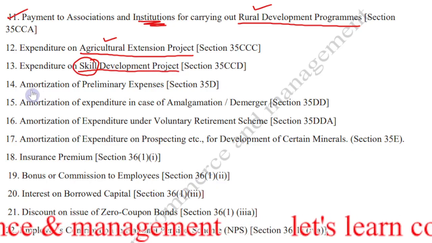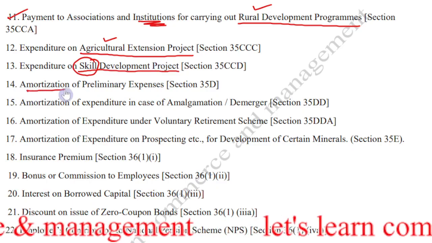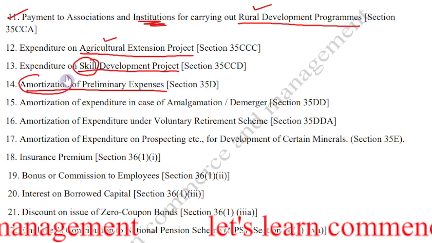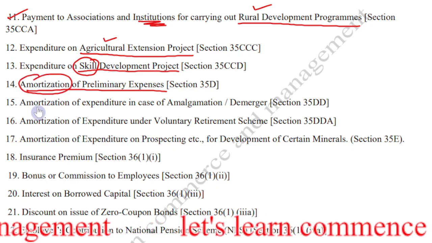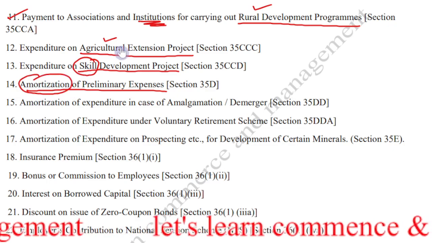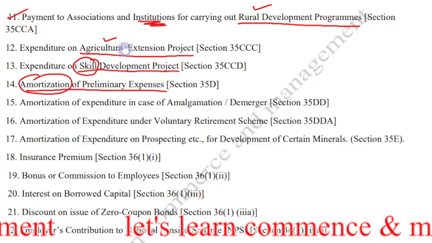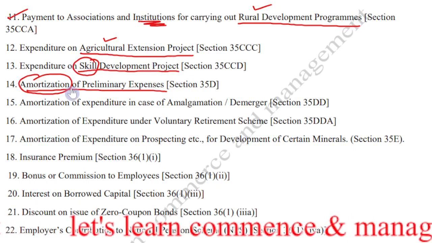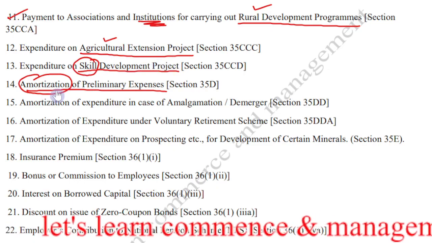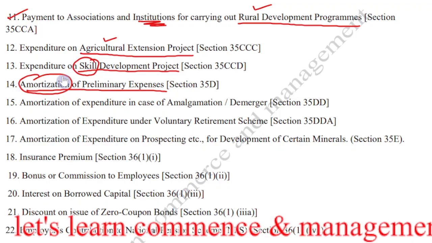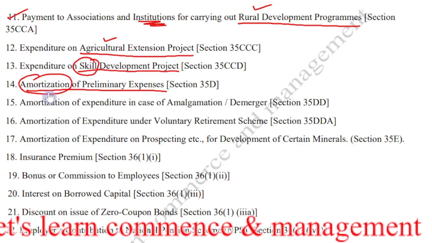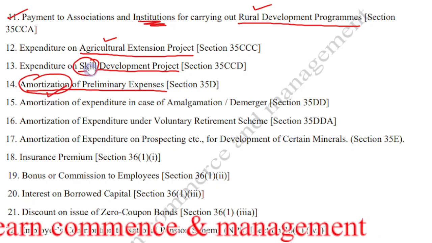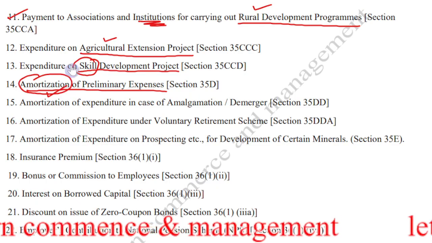Next we have amortization of preliminary expenses. So what is this amortization? Amortization means the reduction in value of any intangible asset. Depreciation is the reduction in the value of any tangible asset.